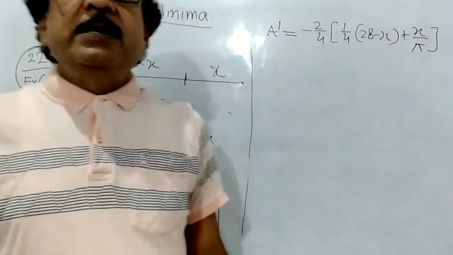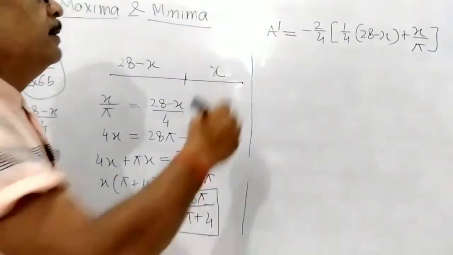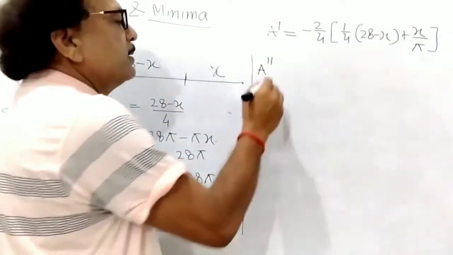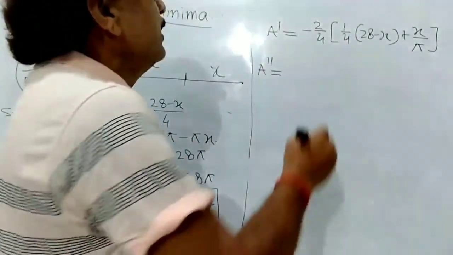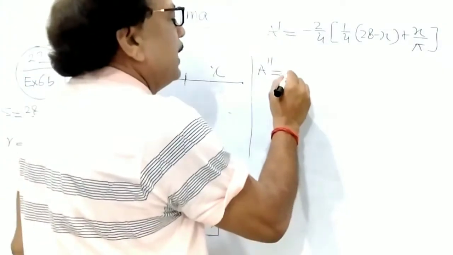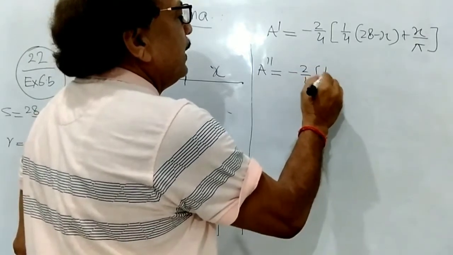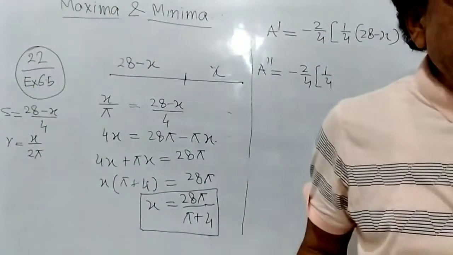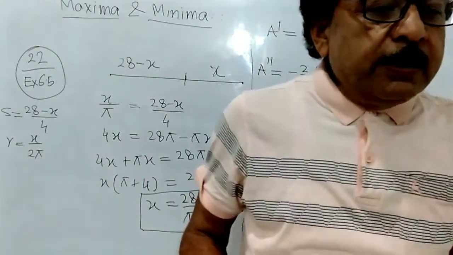So now let us see the combined area will be minimum and find it by the second derivative test, A double dash. To find the A double dash, now here you find minus 2 by 4 and 1 by 4 times the derivative of 28 minus x.